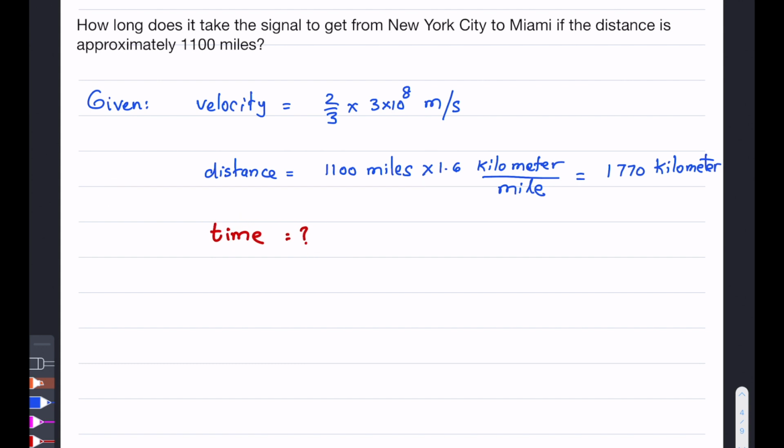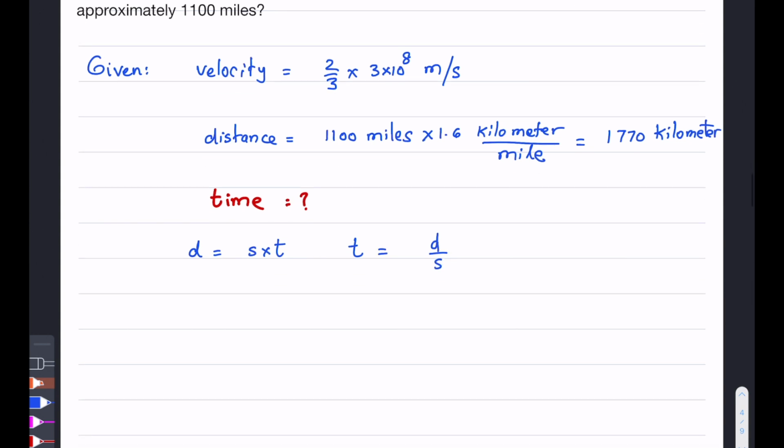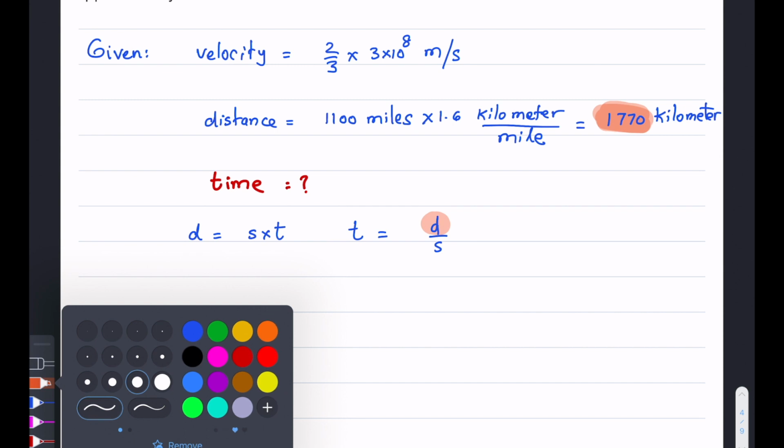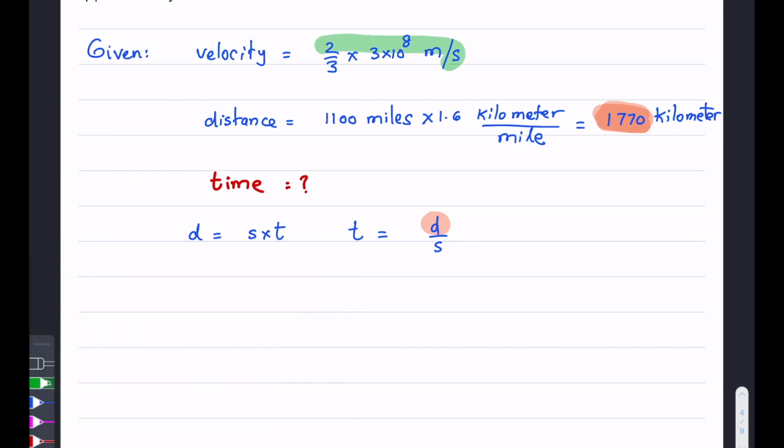And we know from physics that distance equals speed into time, therefore time is distance by speed. So let's divide these two quantities. Distance is 1700 kilometers, and speed is 2 into 10 to the 8 meters per second.